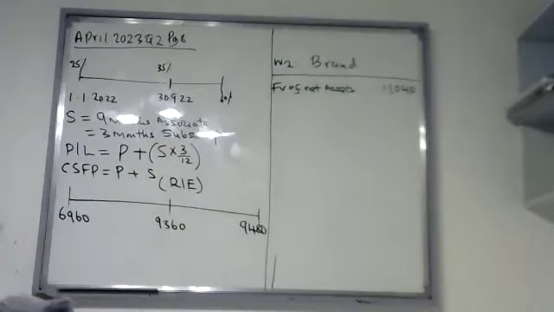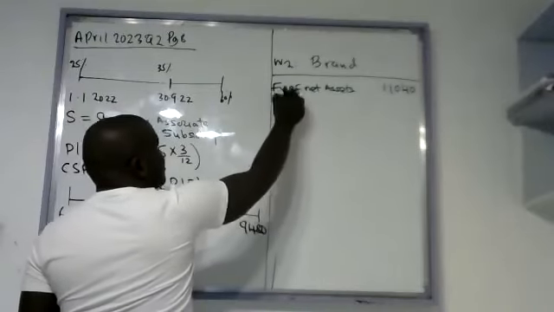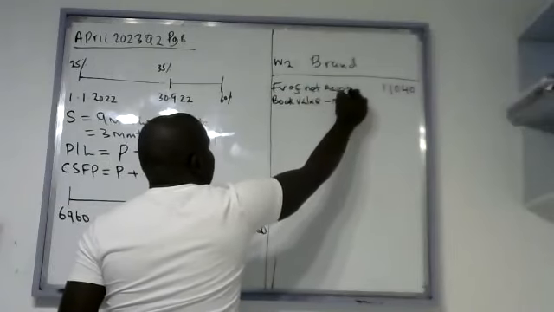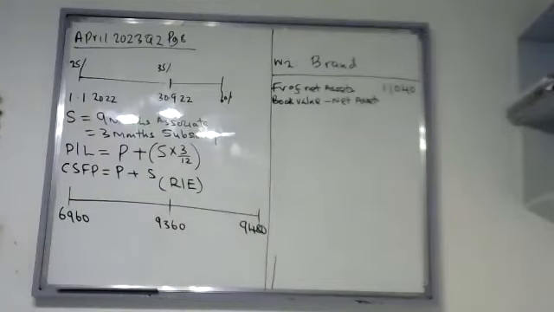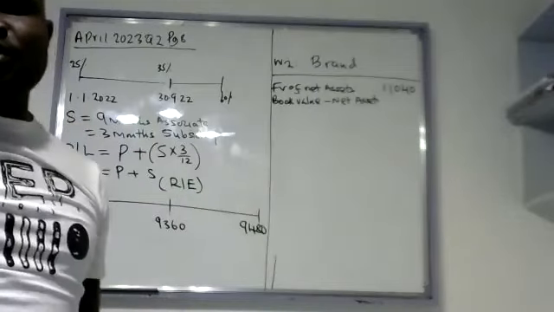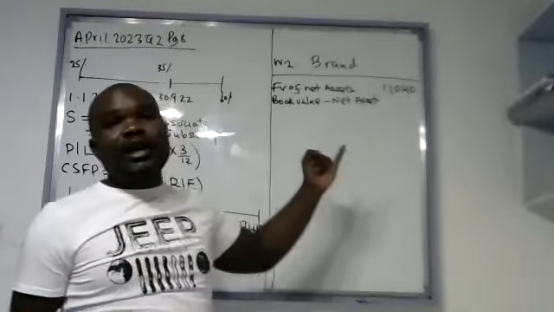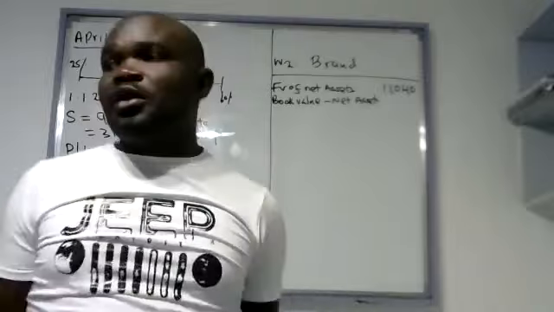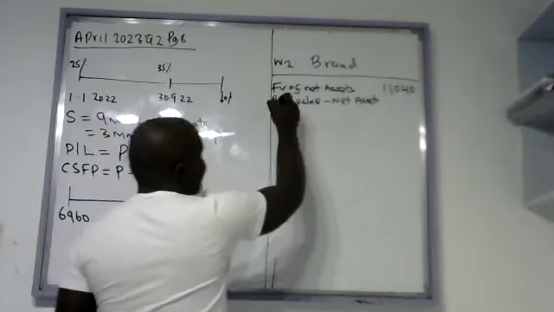You compare with the book value of the net assets. That one they will not give you; you have to do a computation. Net assets is the value of ordinary share capital plus retained earnings on the date of acquisition.